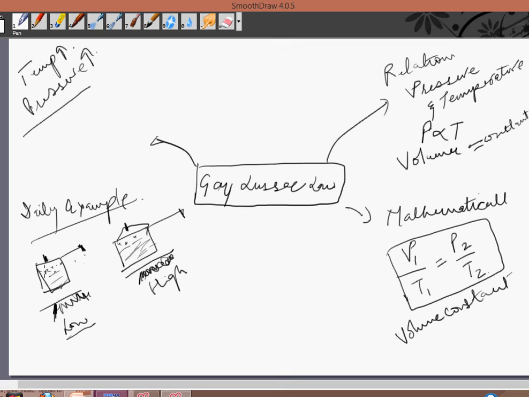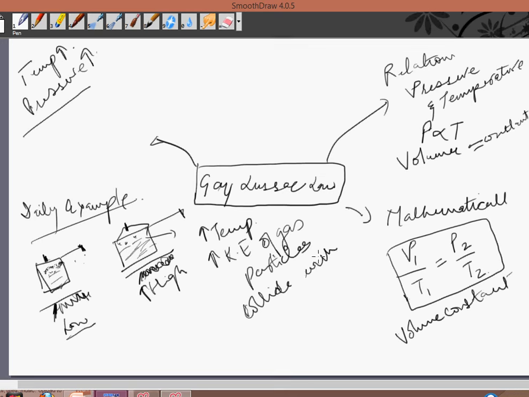Some molecules of the gas are having collisions between them and also with the wall of the container, that is the pressure cooker. And when we increase the temperature, what happens? Increasing temperature will increase the kinetic energy of the gas particles, which will collide with each other and the walls of the container.